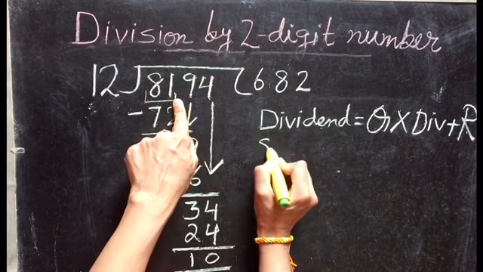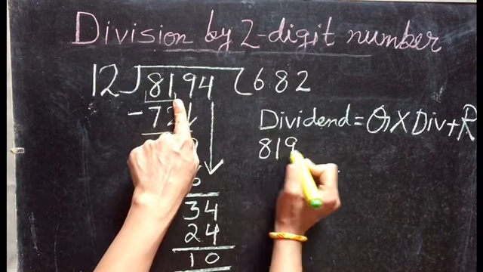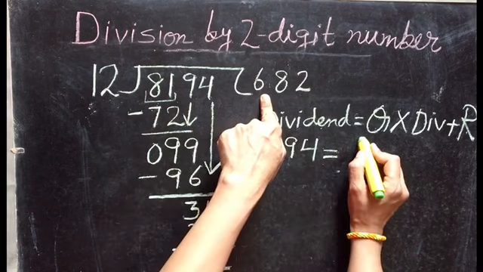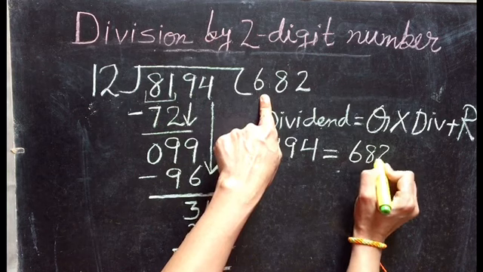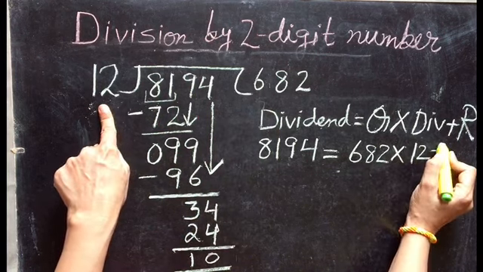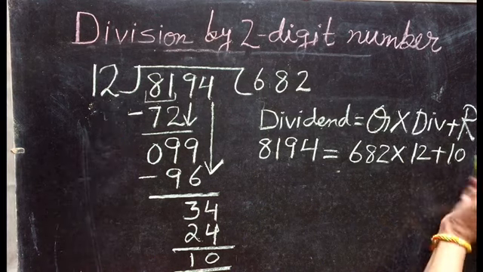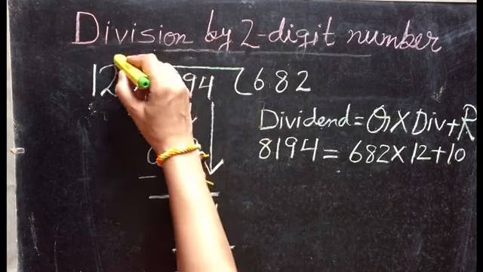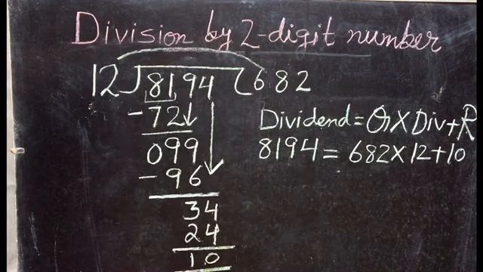It is 8194. What is the quotient? 682. Divisor is 12 and remainder is 10.